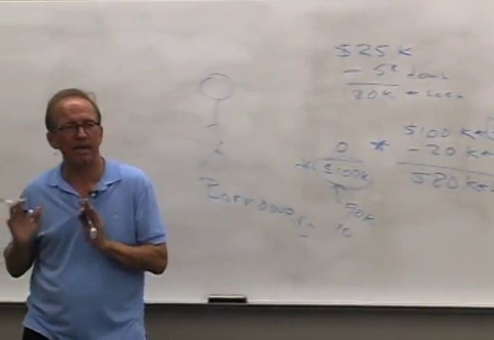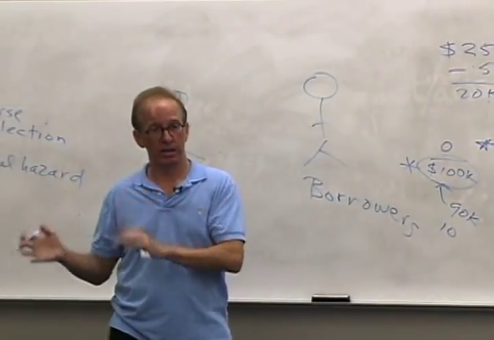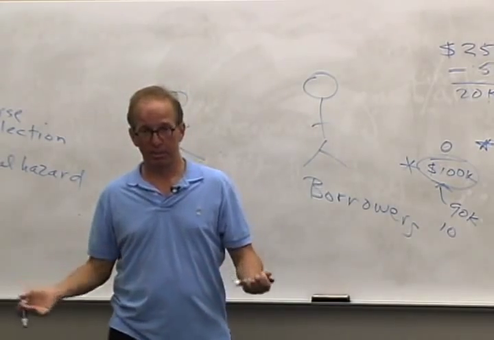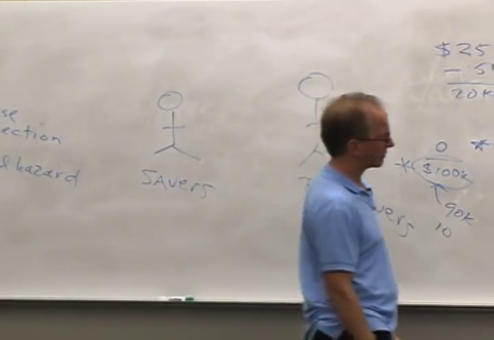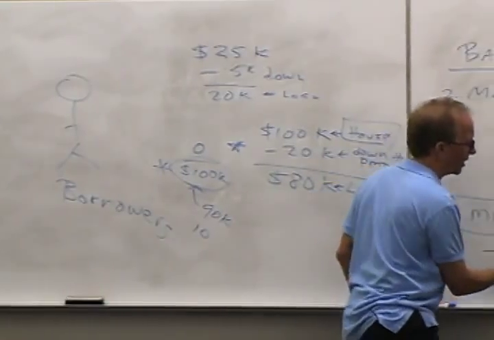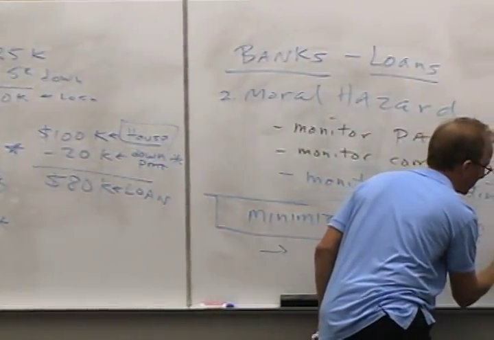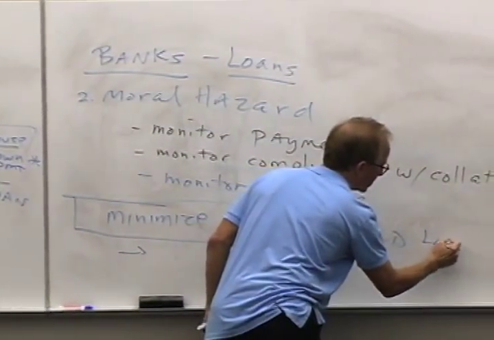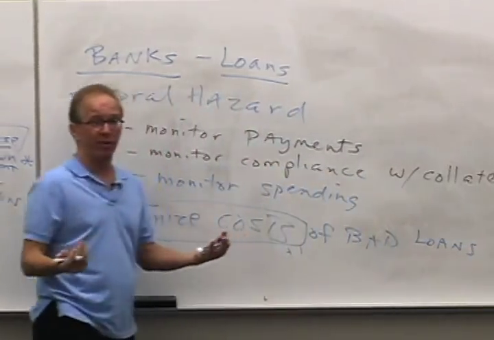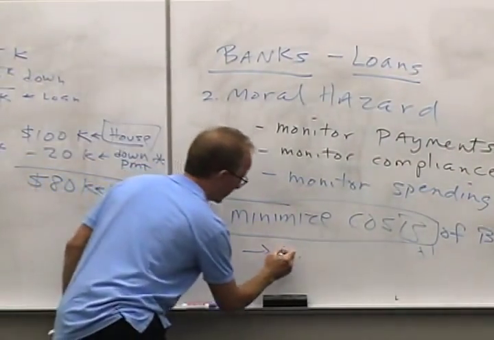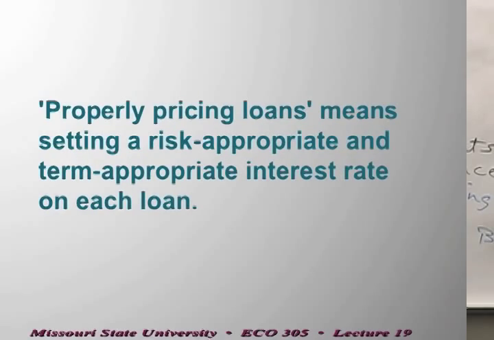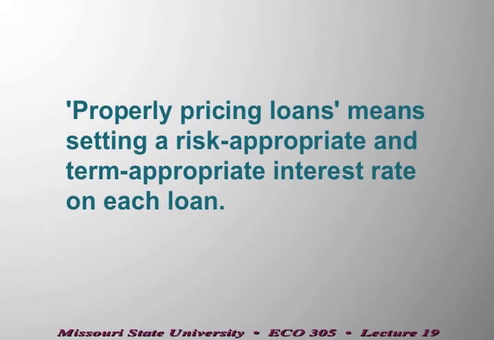So how can I make it where when a loan does go bad, it's not going to put me out of business? They minimize their costs of bad, defaulted loans by properly pricing loans, by pricing interest rates.